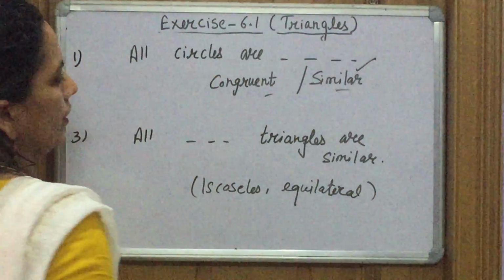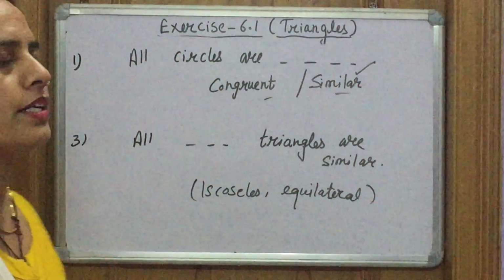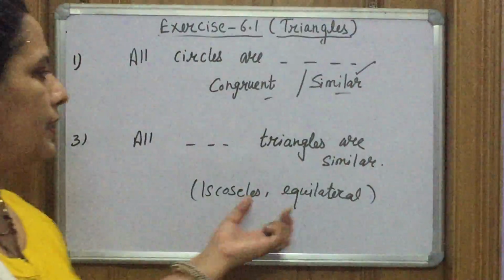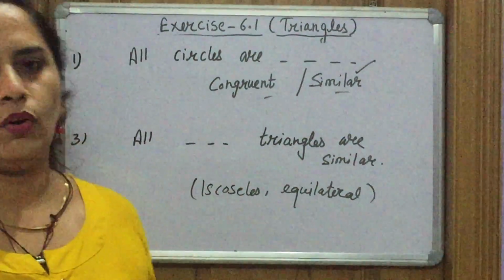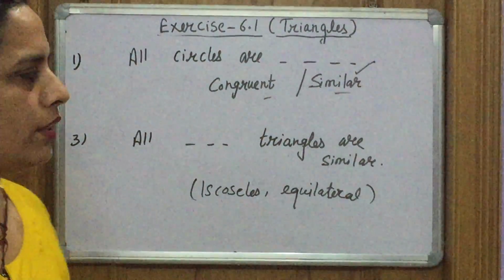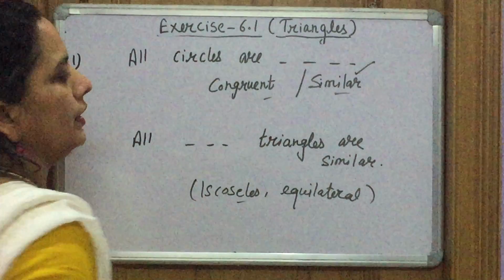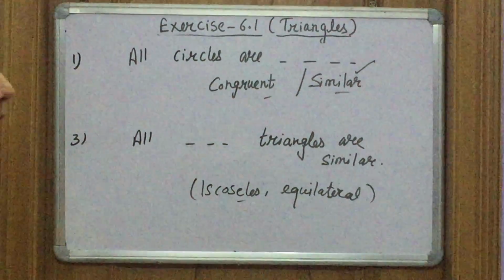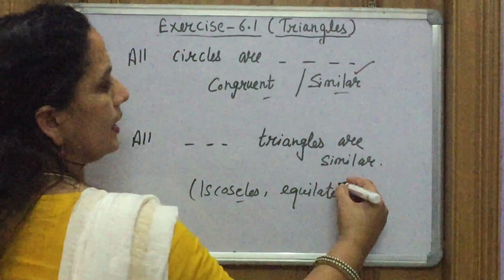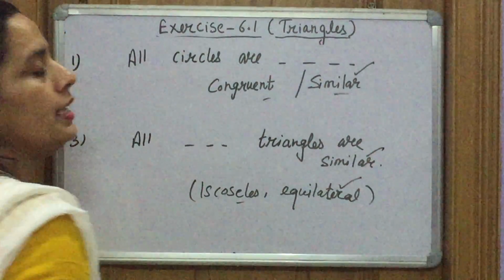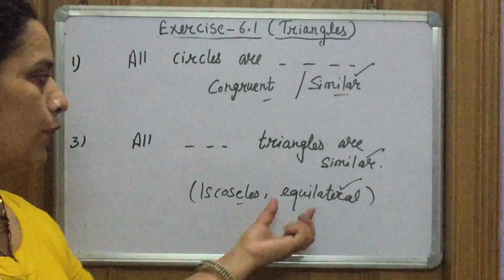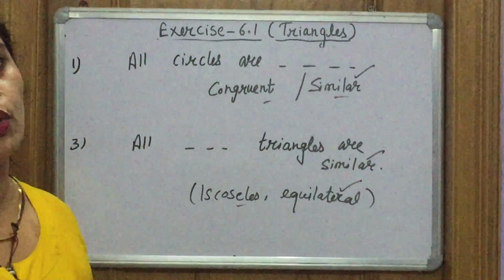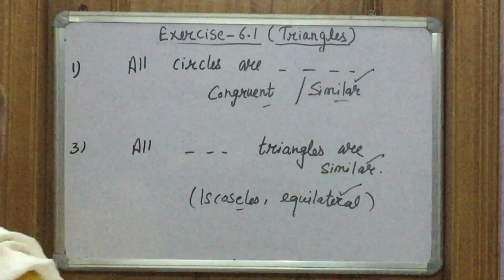You have to check which of the triangles are similar. In equilateral triangles, all the angles are equal, and in isosceles they may not be equal. In isosceles we can't say about the angles, so we can say that equilateral triangles will be similar because in these equilateral triangles all the angles are equal to 60 degrees.